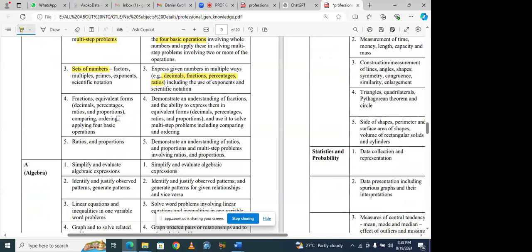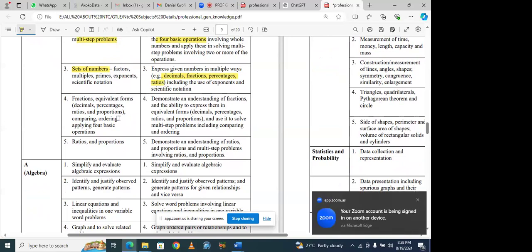Next, we would also be looking at fractions in more detail. Now, under fractions, we'll be looking at converting fractions into the equivalent forms. So, decimals, percentages, ratios, proportions.